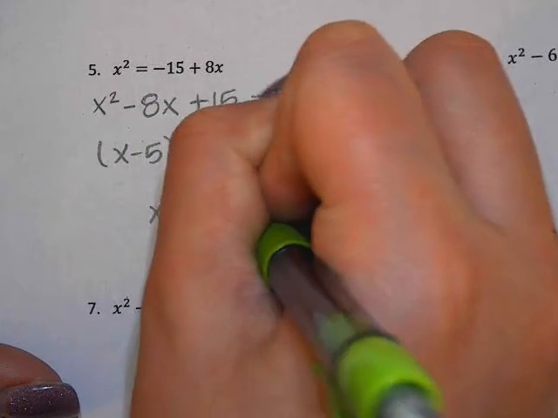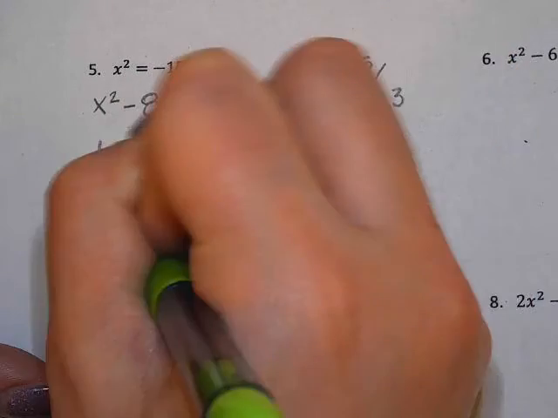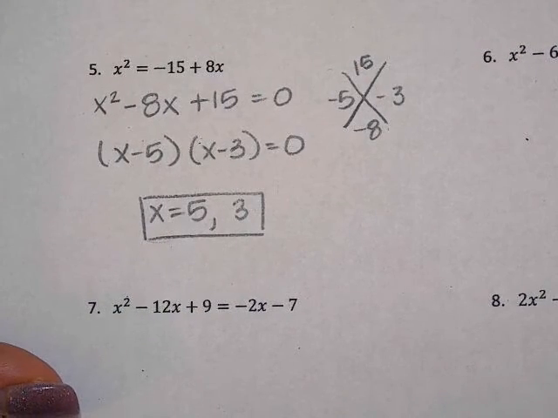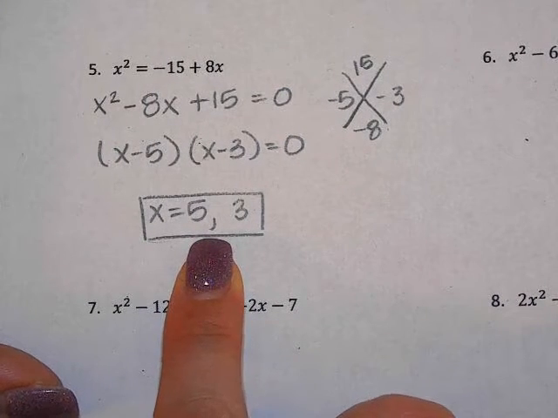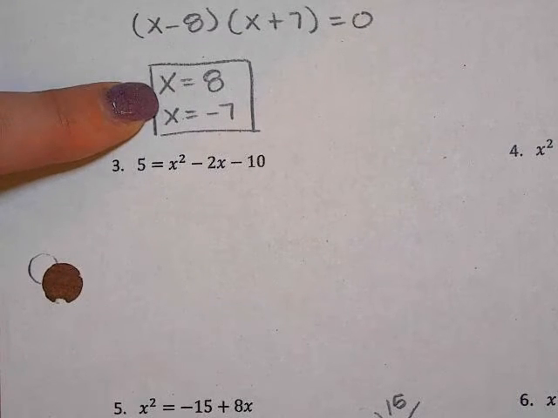Positive 5, positive 3. So you'll notice sometimes I write my answers as 2 different answers with a comma in between. Sometimes I'll write x equals twice. Doesn't matter how you write it. Either way is fine.